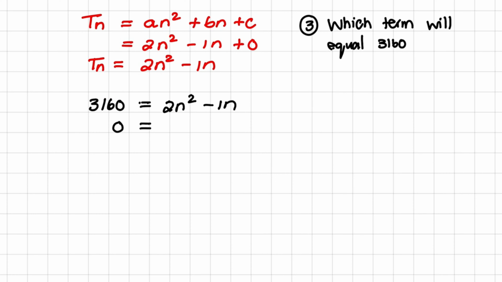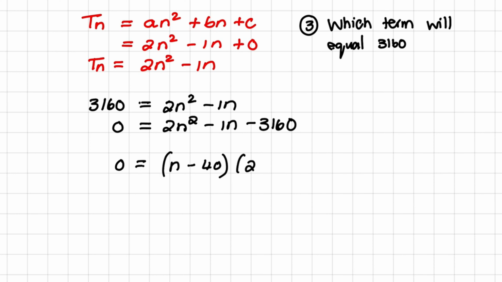I identify this as a quadratic equation. So with a quadratic equation, I want to take everything to one side and make it all equal to 0. So I'll move the 3160 to the right-hand side. Now the equation is equal to 0. And if you are comfortable, you can factorize this equation. And if you're not so comfortable, you can always use the quadratic formula to help you solve n.